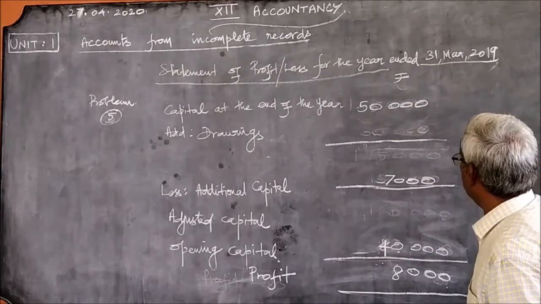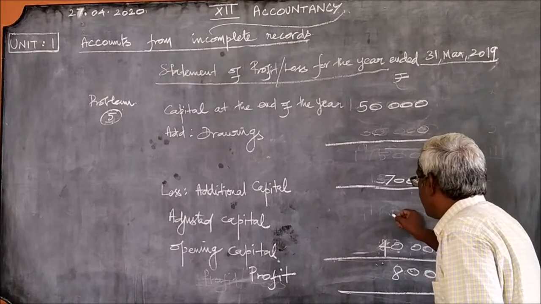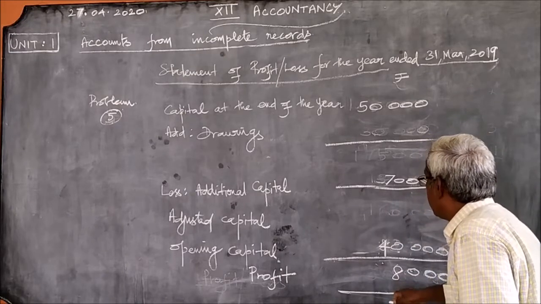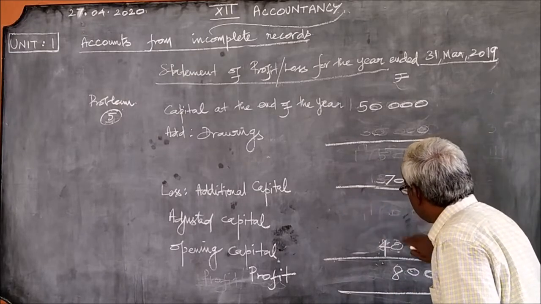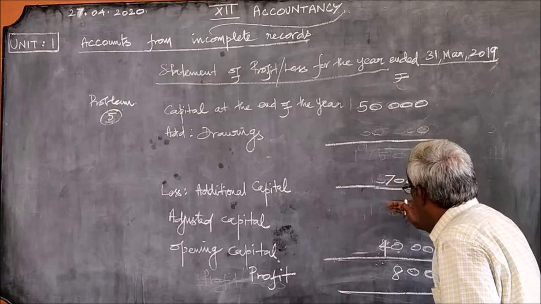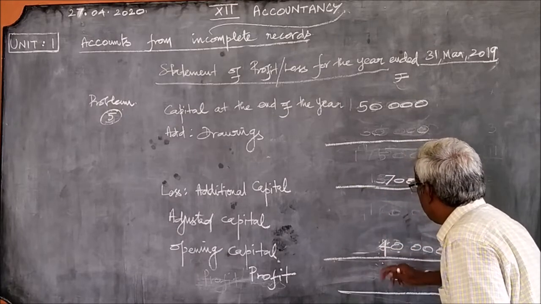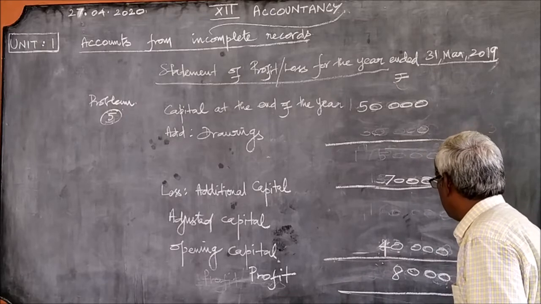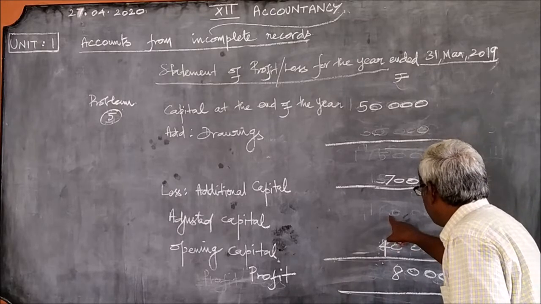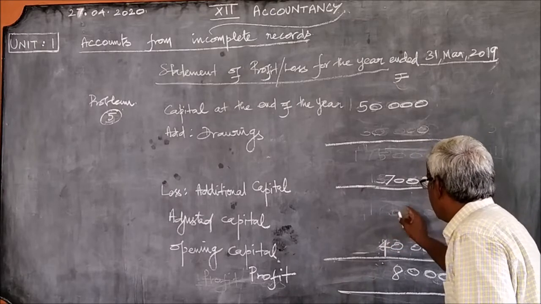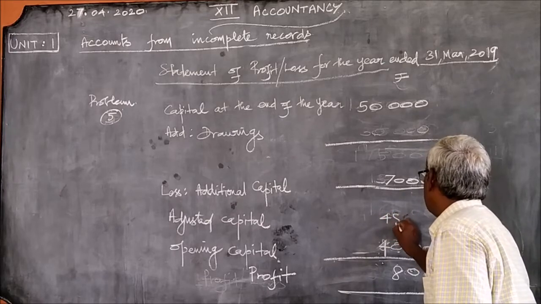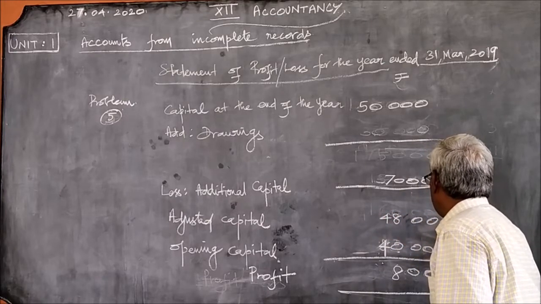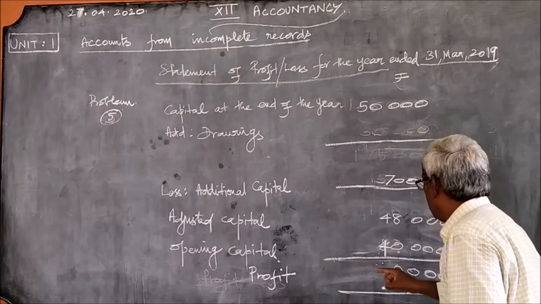What should be the adjusted capital? Since it is a profit, we should minus the opening capital from the adjusted capital. From 48,000, if you minus 40,000, you will get 8,000.